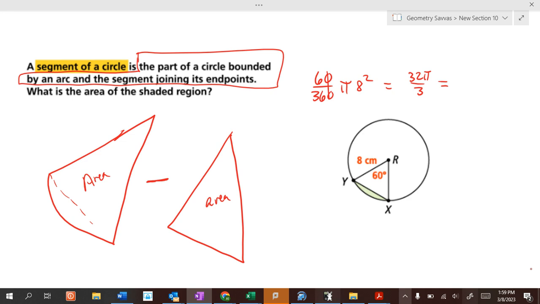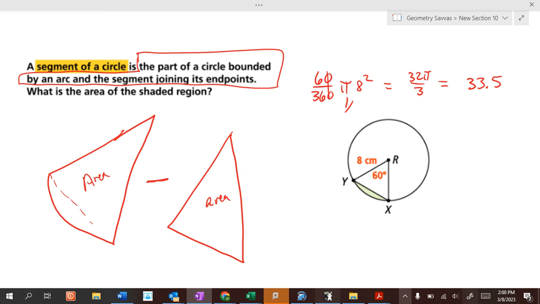So take 32 times pi divided by 3. I'll go with that. Okay, now we got to find the area of the triangle.